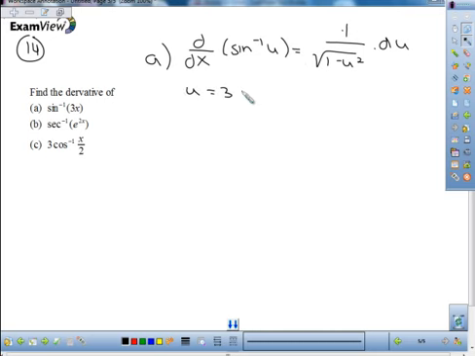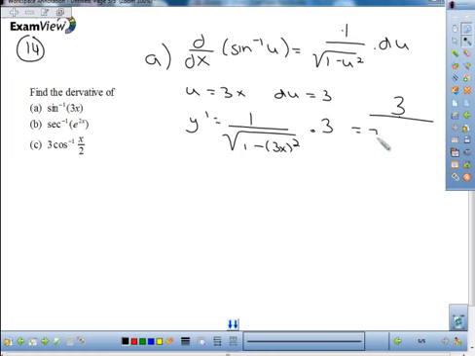So u is going to be 3x, so the derivative of u is 3. So in part A, my derivative is going to be 1 over the square root of 1 minus 3x squared times 3, or 3 over the square root of 1 minus 9x squared.